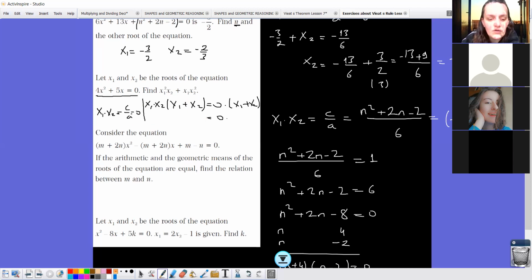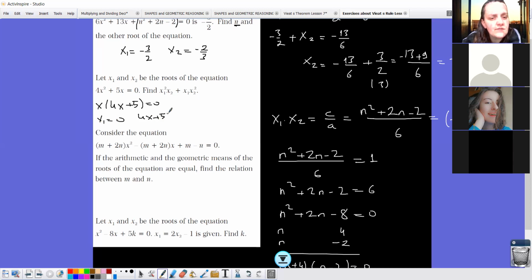Or one more solution without Vieta's theorem. Because we don't have c here, how will we solve this equation? I will take x in front of the parentheses and we'll have x times 4x plus 5 is equal to 0, yes? Then from here, x1 is equal to 0.